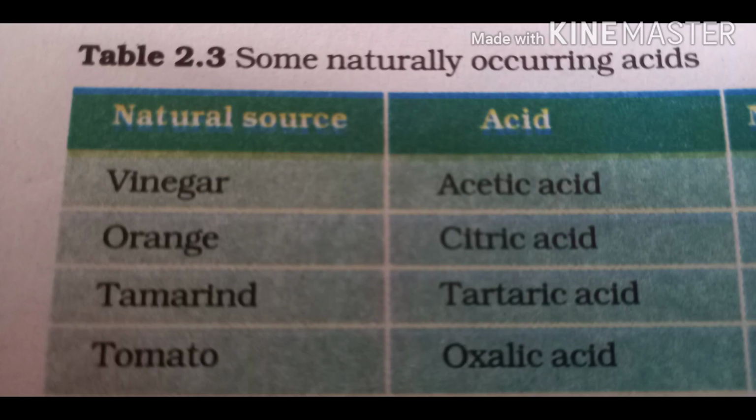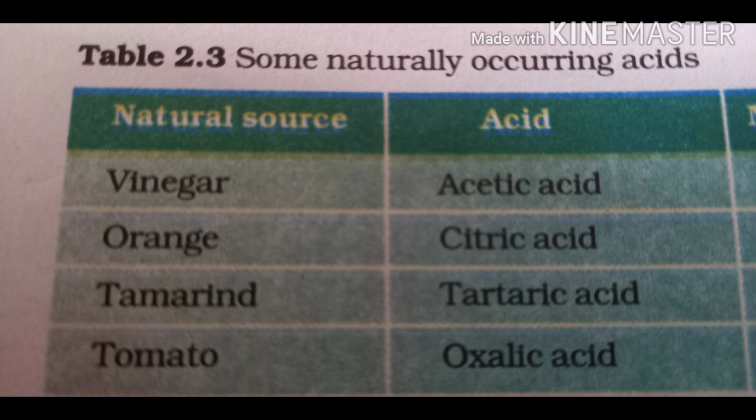Now let us see the table given in your book, table 2.3, in which the names of some acids are given and their sources from which they are obtained. The first acid, as you can see in this figure, is acetic acid.